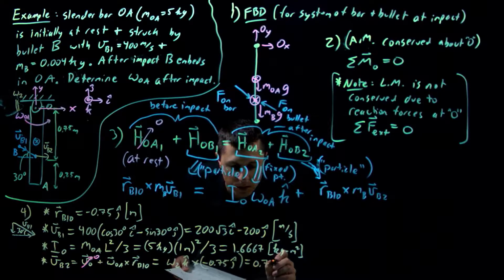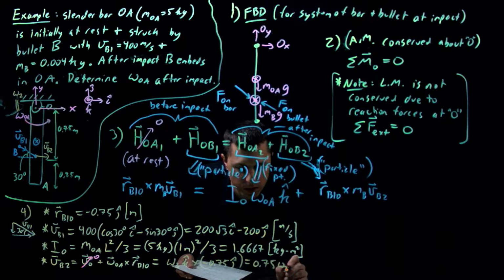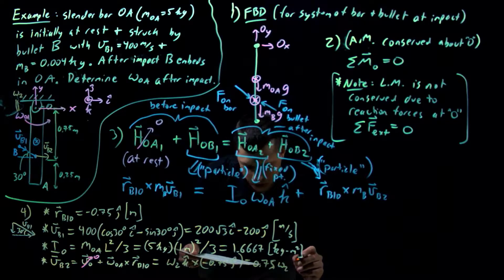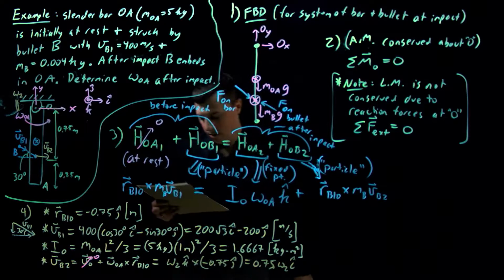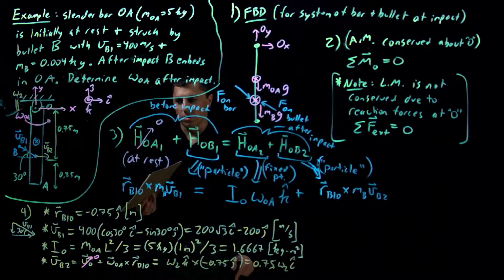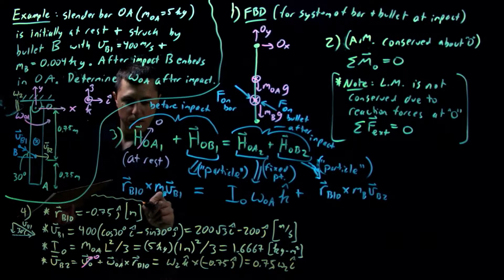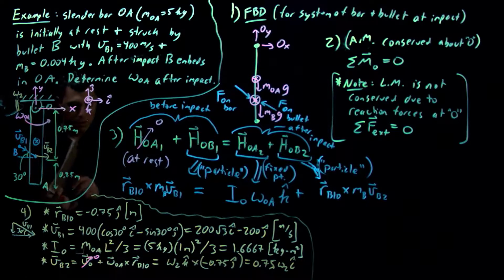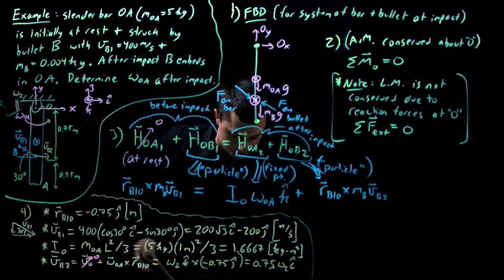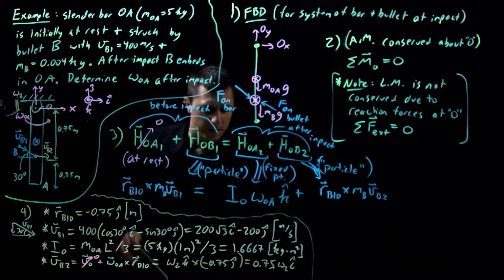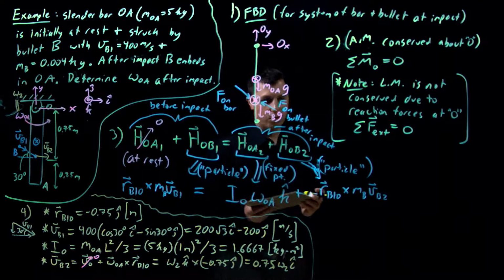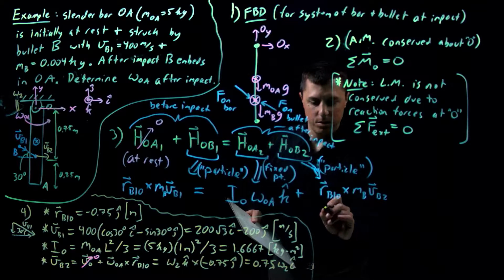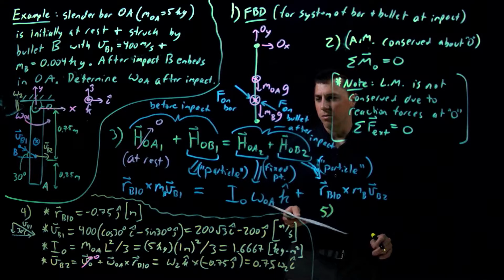So 0.75 omega 2, that's what we're solving for, i hat. Okay. That's good, right? So now we can plug all of these things into our angular momentum conservation. And we have enough to solve for, right? So that's step 5. Step 5 is to solve.